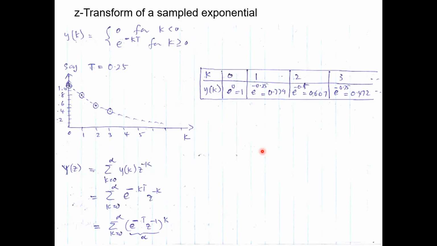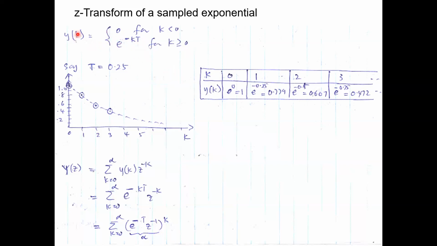So this is just a repetition of what we just did, the exponential sequence, just to consolidate your knowledge about it. So we have y[k] = 0 for k less than 0, nothing on the negative time. And on 0 and the positive side, it is e to the minus kt for k greater than or equal to 0.